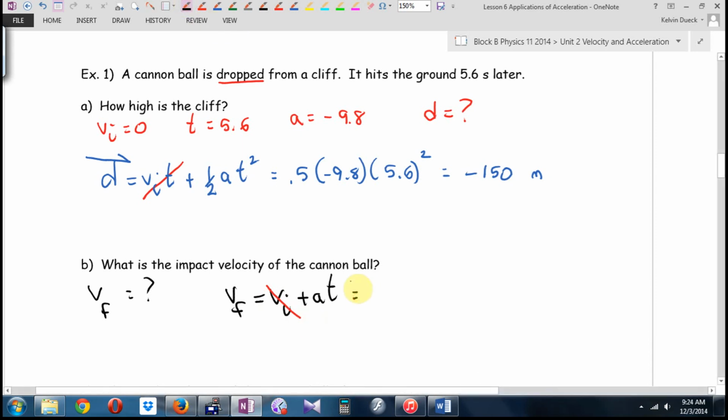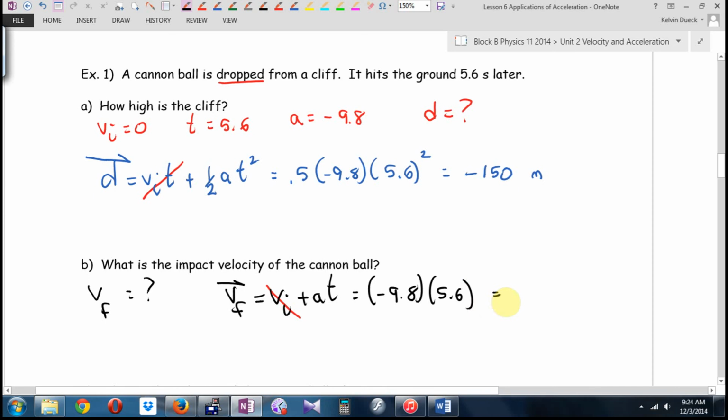By the way, when it hits the ground, which way will it be traveling, up or down? This is meant to be really obvious. Down. So should I get a negative or a positive velocity here? I'm expecting a negative velocity because that's down. In fact, I should put the vector sign on this. It's going to be negative 9.8 times 5.6.